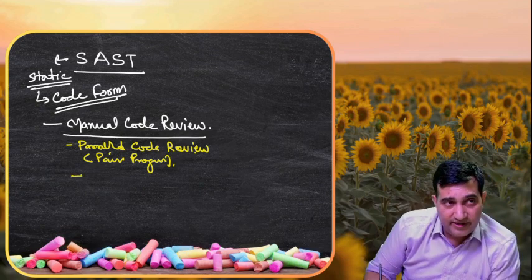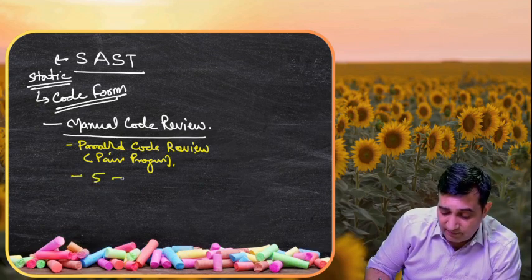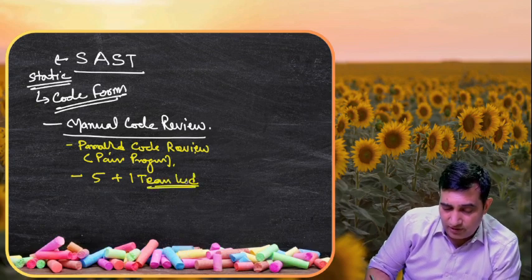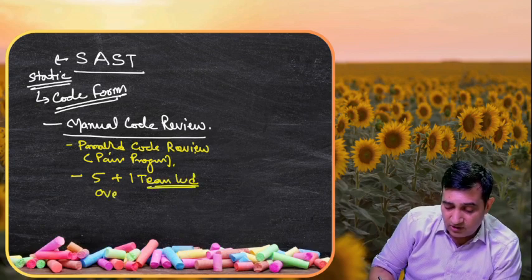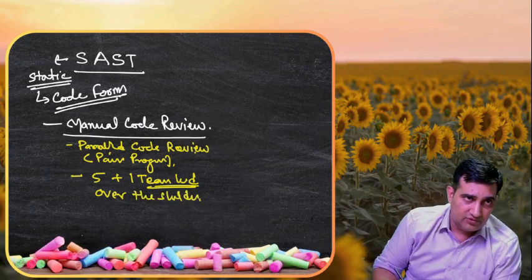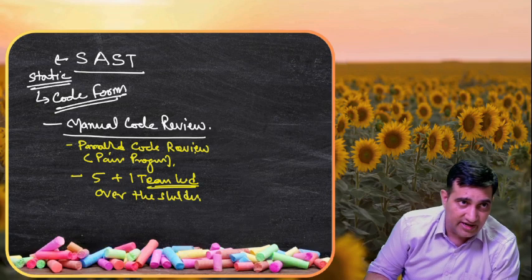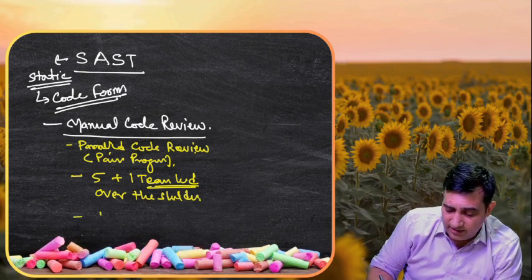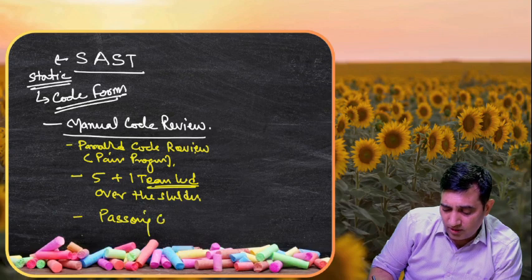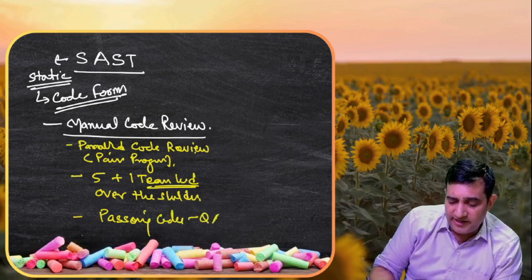Then it can also be that you have 5 developers plus 1 team lead. So this person will be doing an over-the-shoulder code review. So that's also one of the styles which we have. Or another way is passing on the code for review by a QA team and all of it.